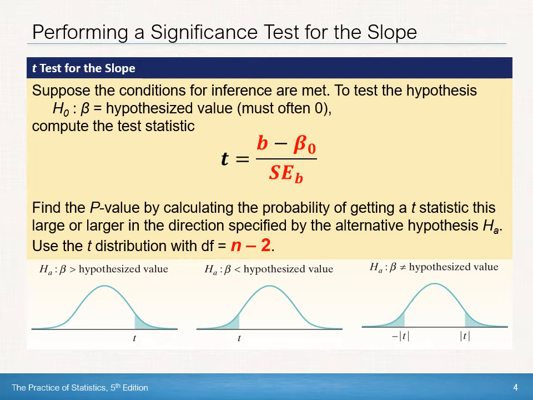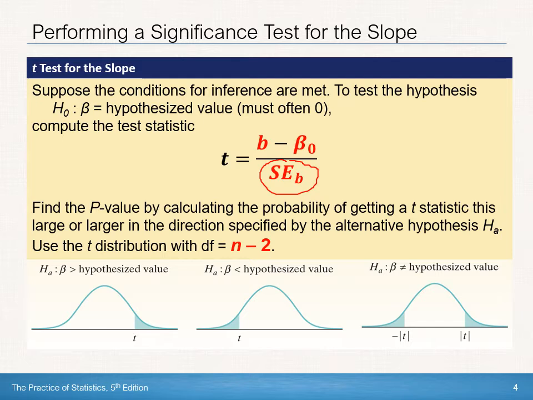The test statistic, like we just said in the last slide, is t. Again, it's t because we are dividing not by the standard deviation of the statistic, but the standard error of the statistic. The top is our usual statistic minus parameter.